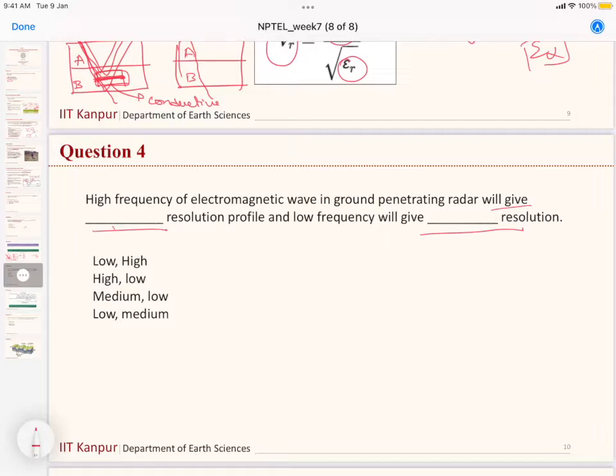Why is it so? No, the question is not discussing anything related to the depth of penetration. First, leave this question.